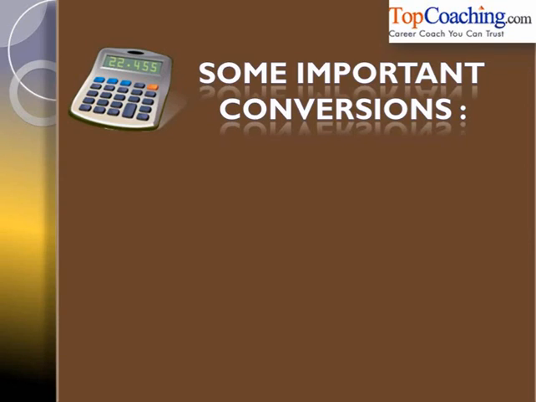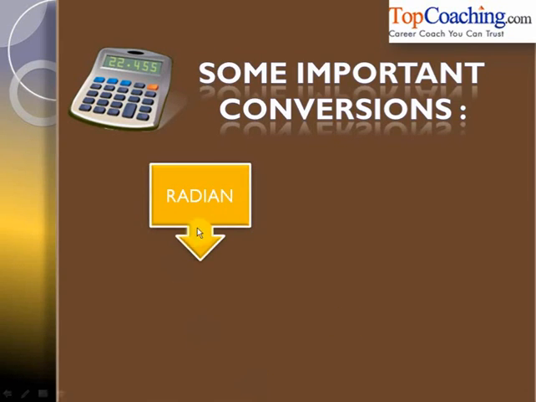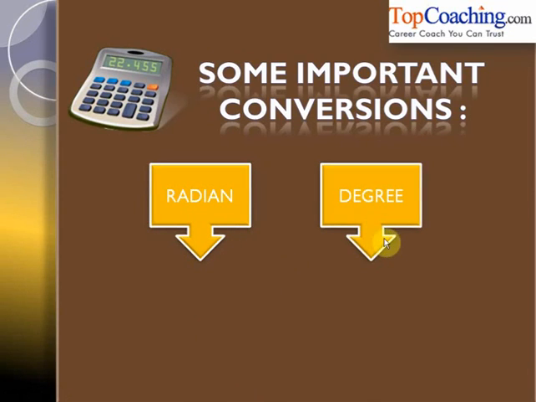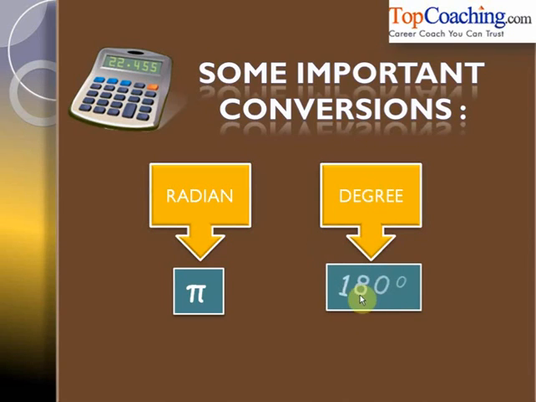And these are some of the very important angles that you are going to come across throughout the study of trigonometry. So let us say that this portion represents the angles in radian form and this represents the angles in degree form. So if the angle is equal to pi radians, then in the degree form that would be equal to 180 degrees.